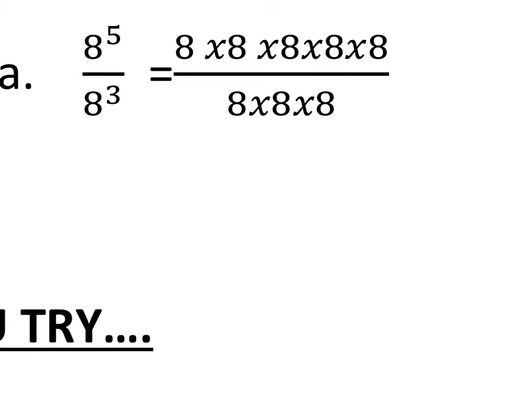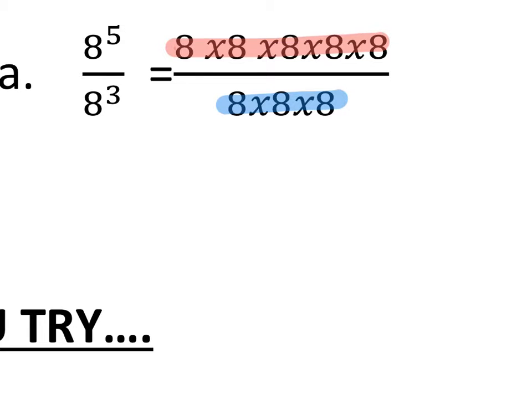Let's go ahead and look at a couple more examples. Our first example is 8 to the 5th divided by 8 to the 3rd. When I expand 8 to the 5th, I get 8 times 8 times 8 times 8 times 8 up top, and then 8 to the 3rd on the bottom is 8 times 8 times 8.